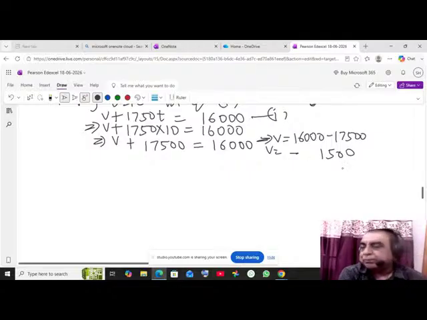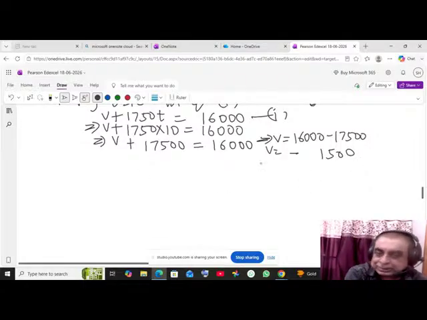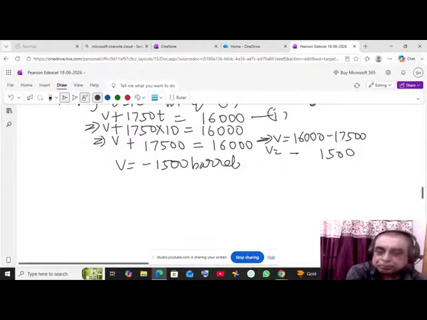Negative 1,500. So after 10 years, you will be drilling a negative number of barrels of oil, which is not possible. So V value is minus 1,500 barrels per day.